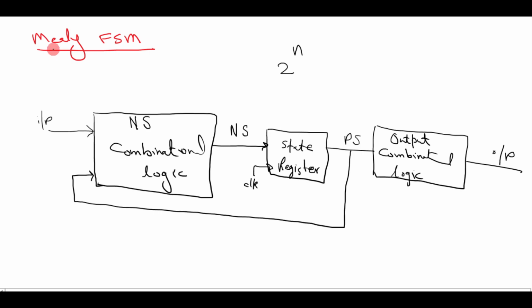So in Mealy finite state machine, your output combinational logic depends on present state as well as the input. This is Mealy finite state machine.